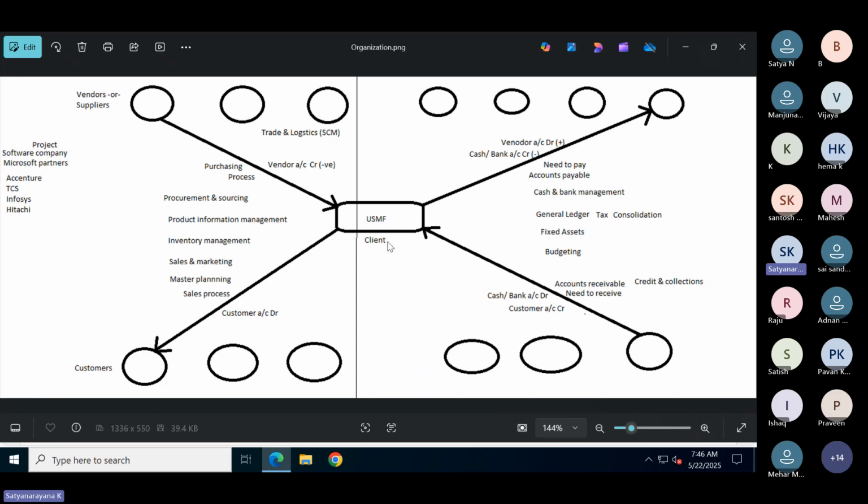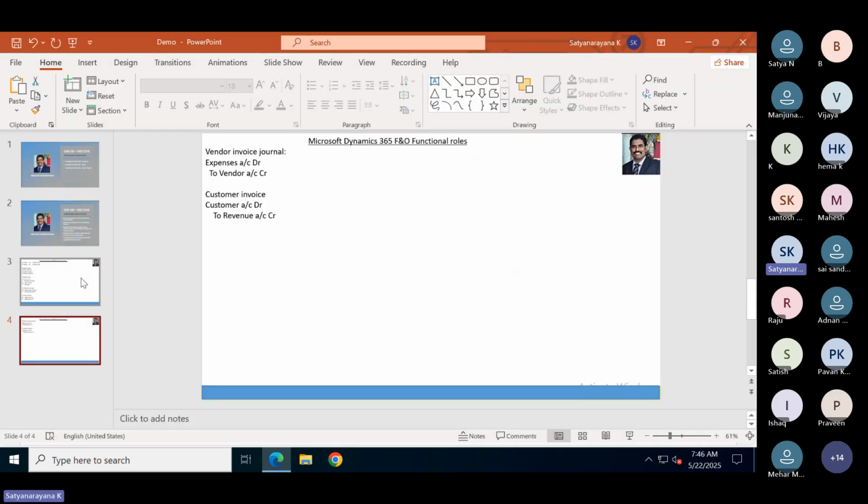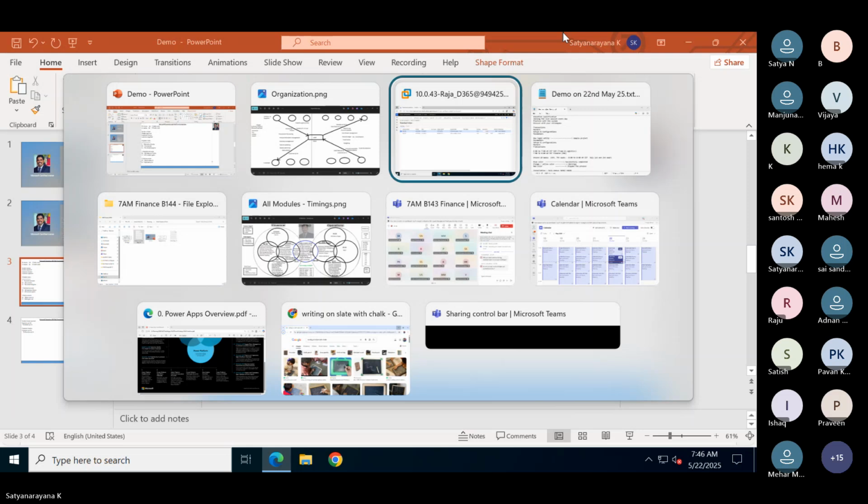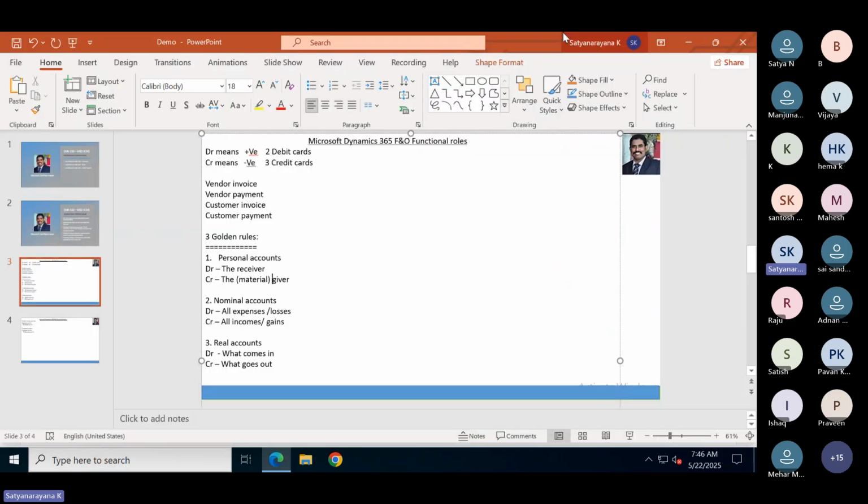Okay, so you are sitting here. Now, who is giving material to you? Customer or vendor? Vendor. That is the giver. Here, I'm just modifying it: the material giver.